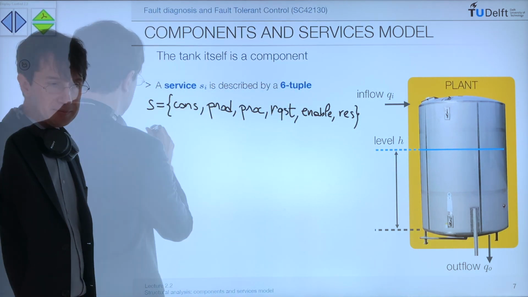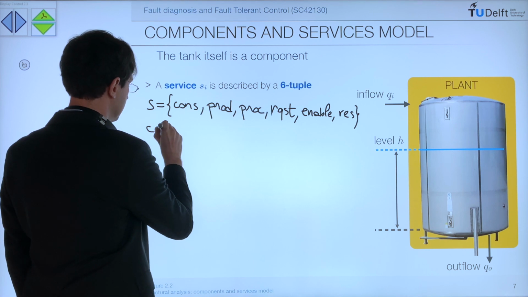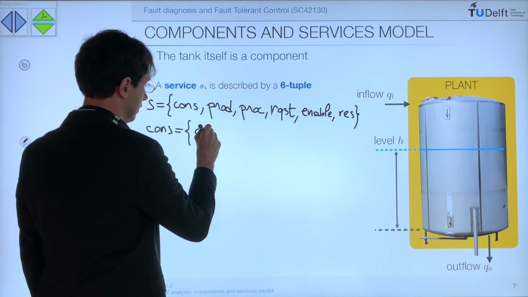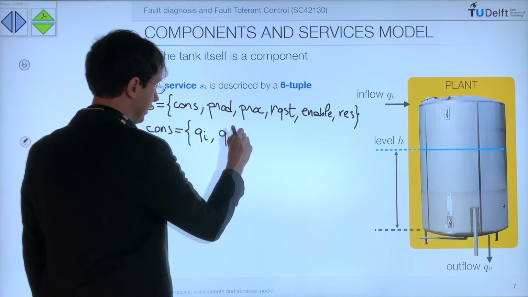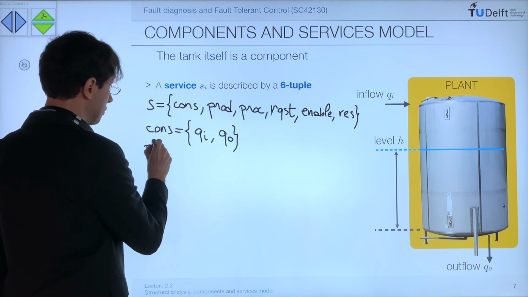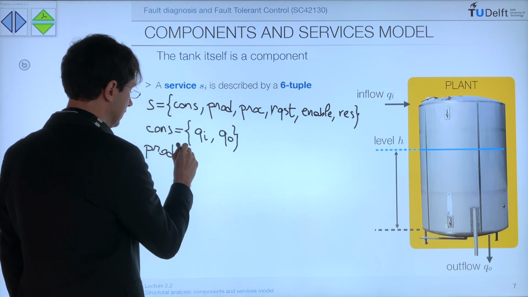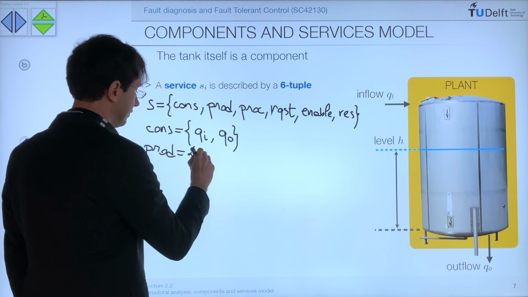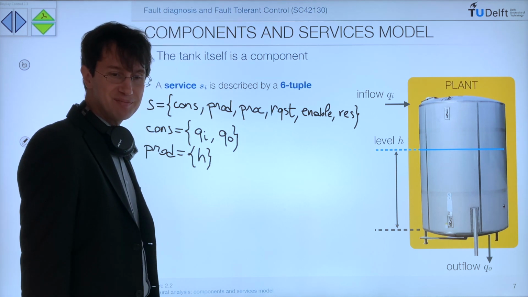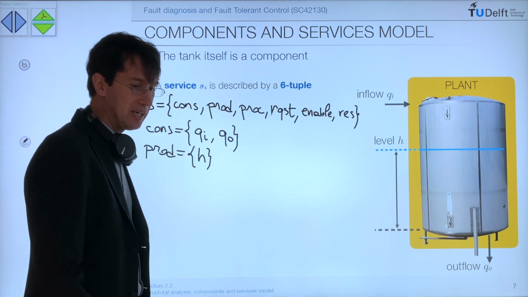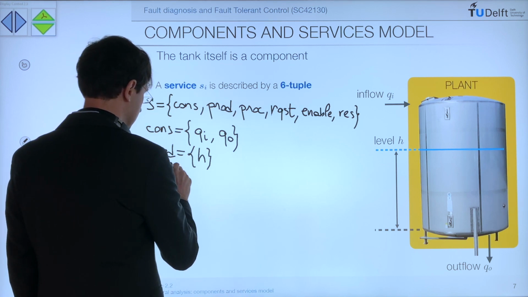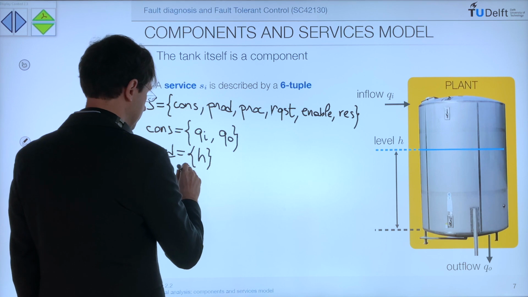In the case of the tank, the consumed variables are the two flows, inflow and outflow. And what the tank is producing once it is consuming these variables is a level of stored liquid. The processes that are happening in the tank, so the physical phenomena happening, are described by this equation.